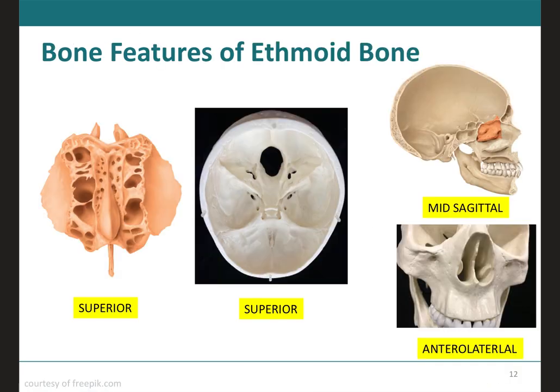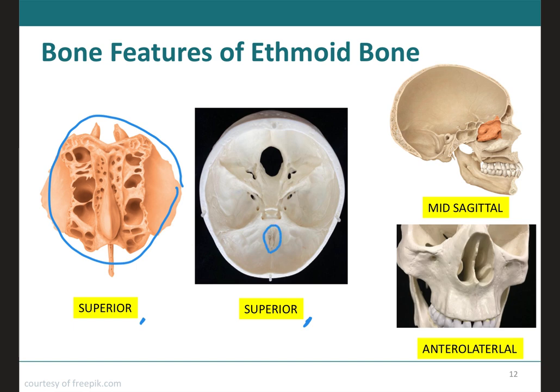Here we can see in a little bit more detail the bone features that I was talking about that belong to the ethmoid bone. This is a superior view of the ethmoid bone by itself. Again, this is also a superior view. This means that this bone here, which is enlarged in this image, will be located right over there.